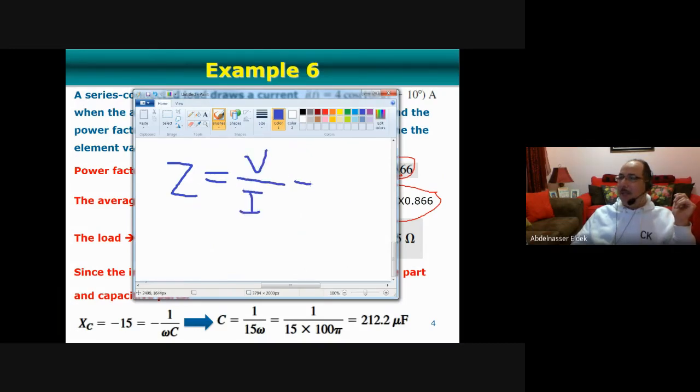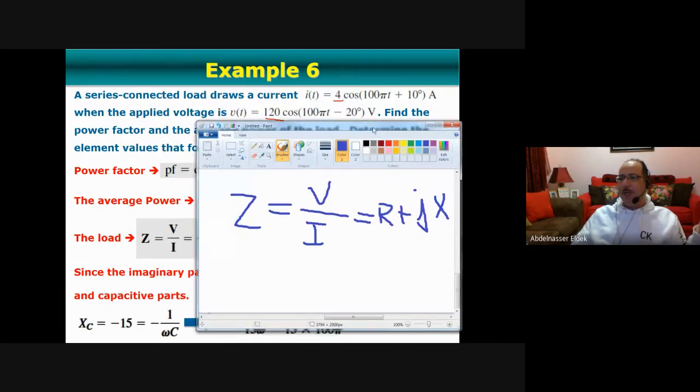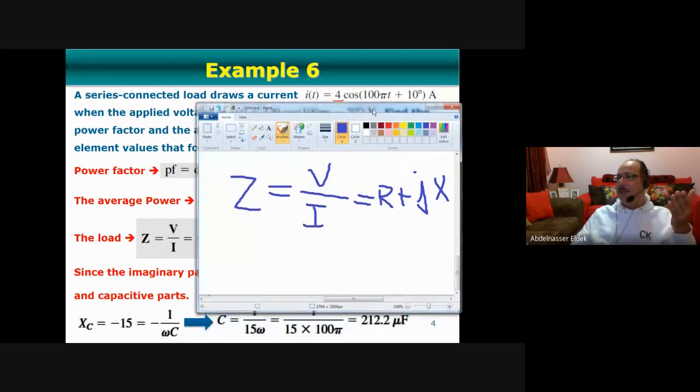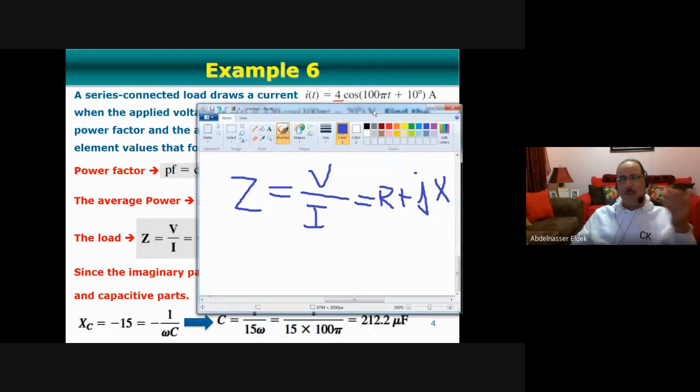It will have a real value and an imaginary value. V is given: V here is 120 cosine, and I is 4 cosine.